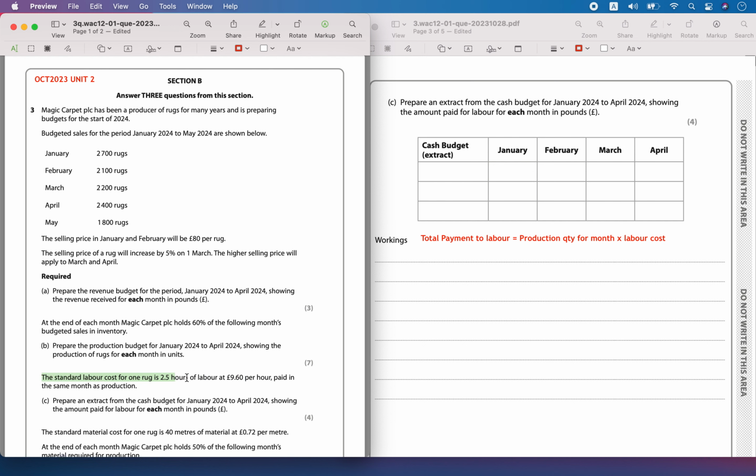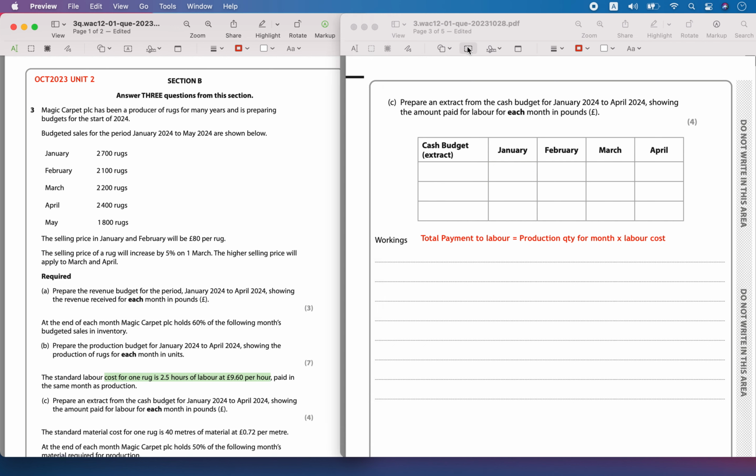The standard labor cost for one rug is 2.5 hours at 9.6 per hour. So this is the standard costing for making one rug. One rug takes 2.5 hours of labor and they are going to be paid 9.6 per hour.